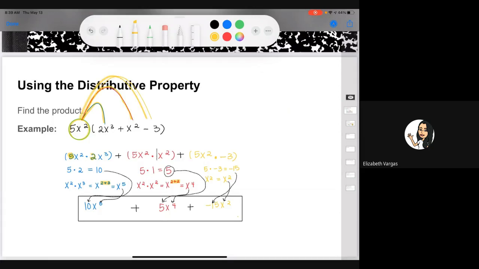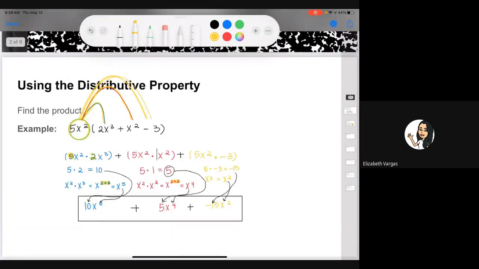And so that gives you multiple different smaller multiplications to work with. And basically you're just putting together those whole numbers and putting together those exponents and then dropping them down. So that is the distributive property.